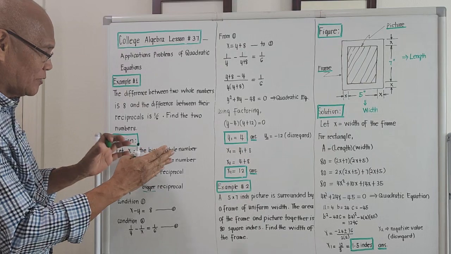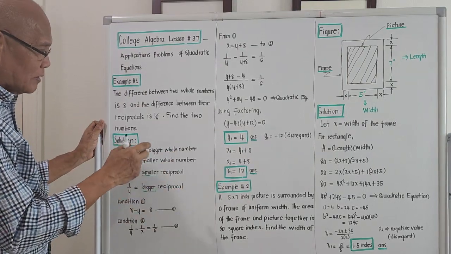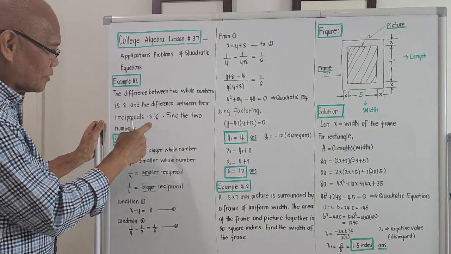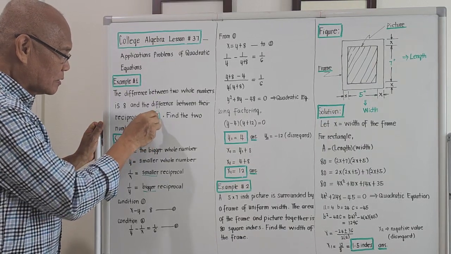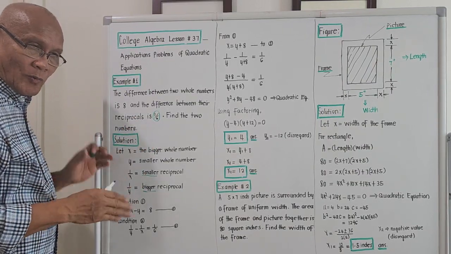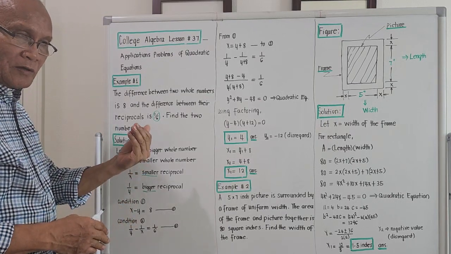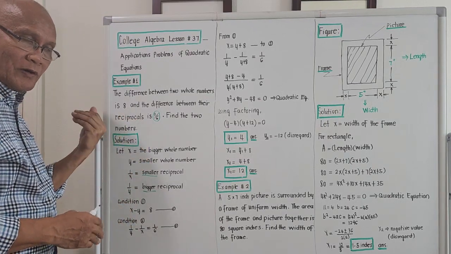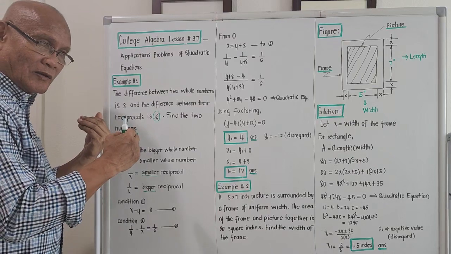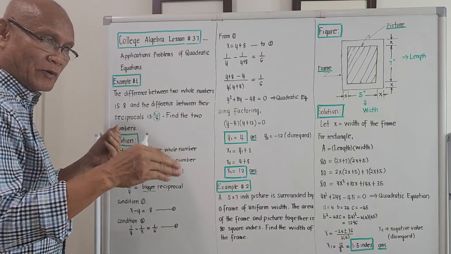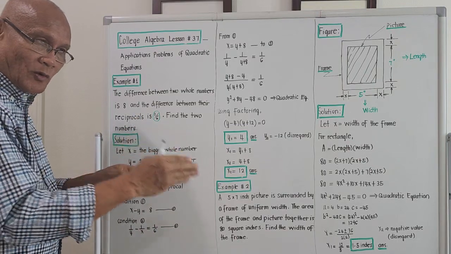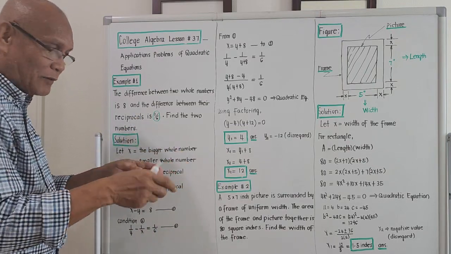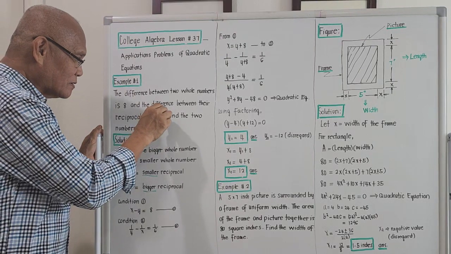The given condition of the problem is that the difference between the reciprocals is 1/6. This is positive, right? So meaning to say, the bigger reciprocal minus the smaller reciprocal is equal to 1/6.